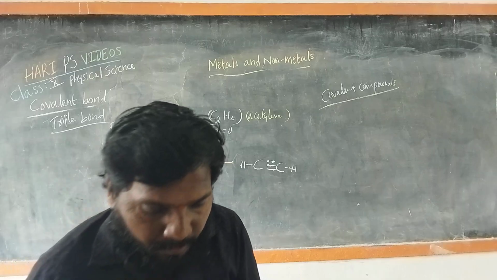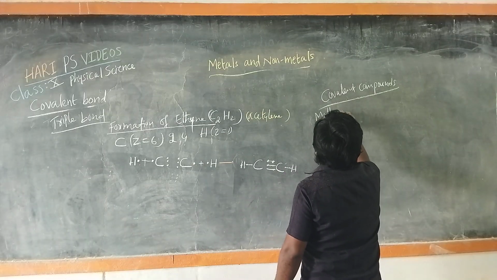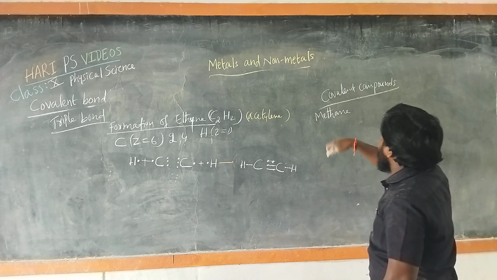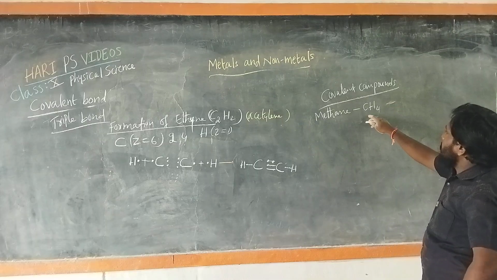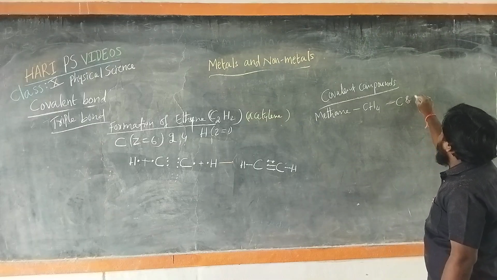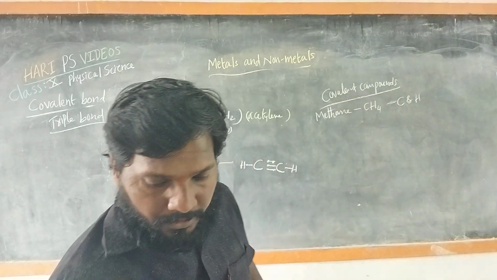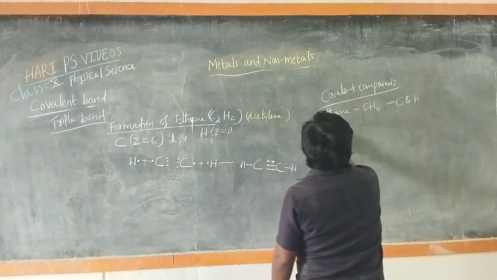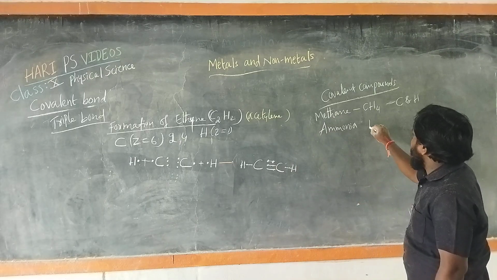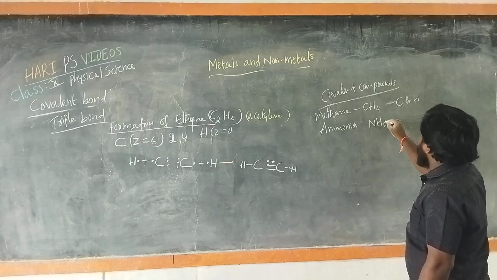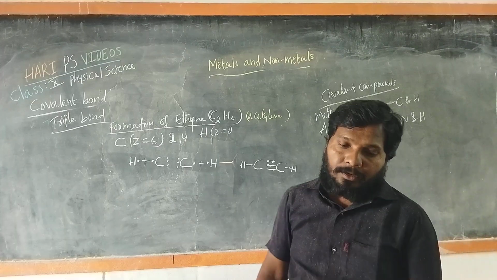Some other examples you can consider. Methane is one example, formula CH4, carbon and hydrogen. Then ammonia, formula NH3, nitrogen and hydrogen.